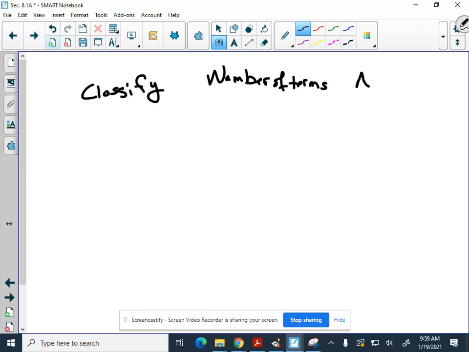And then its name by number of terms. 18 has one term. It's called a monomial. Okay, because it has one term. That's it. Mono means one.